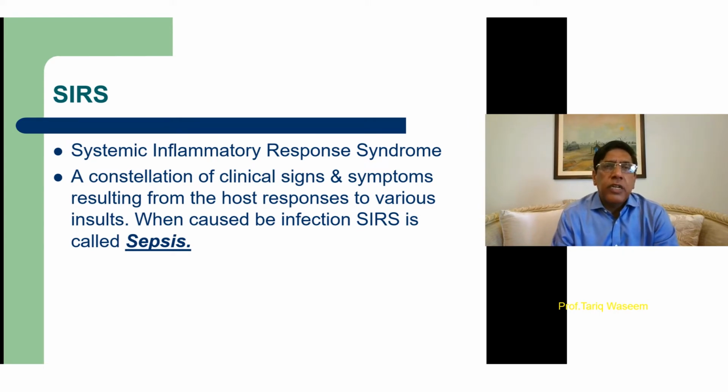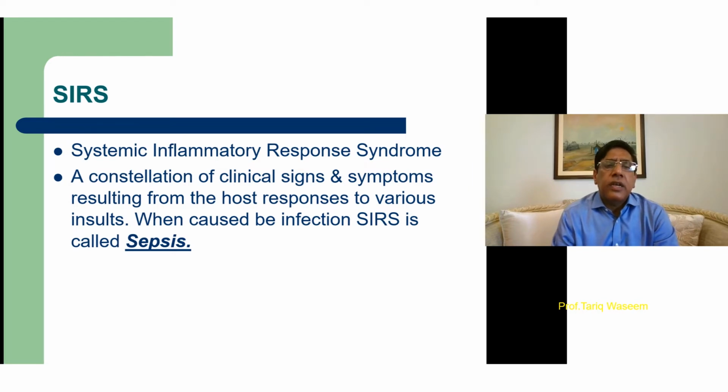Now, this inflammatory response, as you keep on reading from your third year, is a response of the body to any insult or injury at the cellular, biochemical and immunological levels. This is to benefit. This is to check the insult there and then by walling it off.